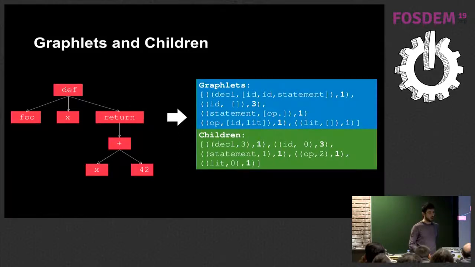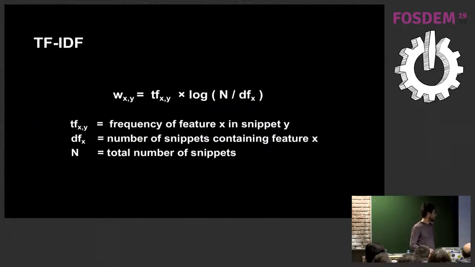So to go back now, yeah. As you can imagine, extracting these features from snippets of code yields a lot of features. So in order to reduce that, we used an NLP technique called term frequency inverse document frequency, which basically amounts to calculating a weight for each feature and then thresholding in order to reduce the amount of features.